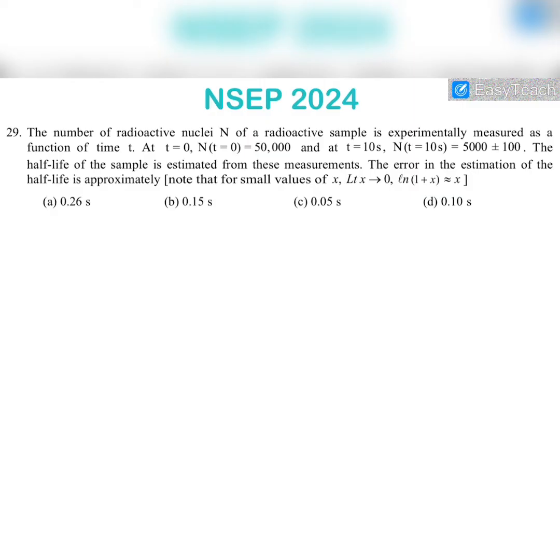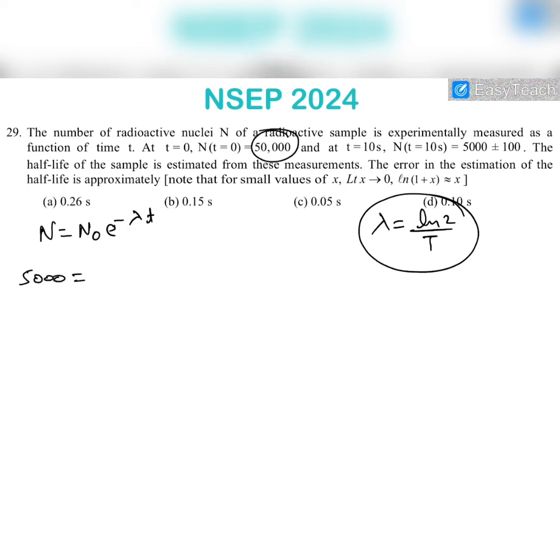So we know that N is equal to N naught e to the power minus lambda t, and we know that lambda is ln2 by T. ln2 is 0.693. N is given as 5000 and N naught is given as 50,000.